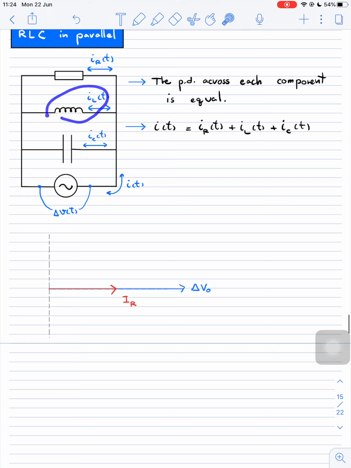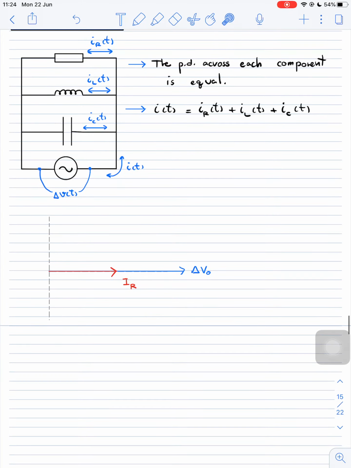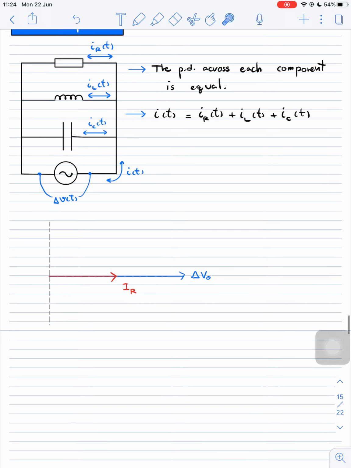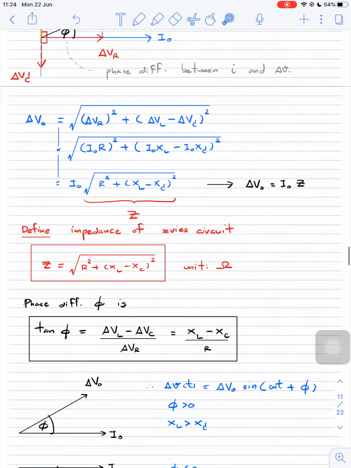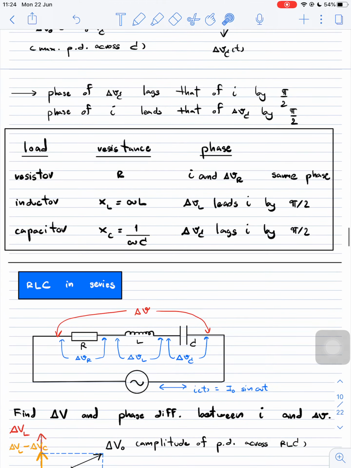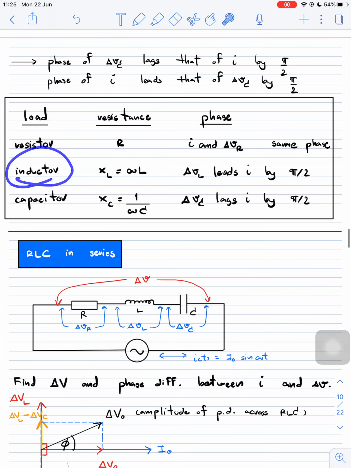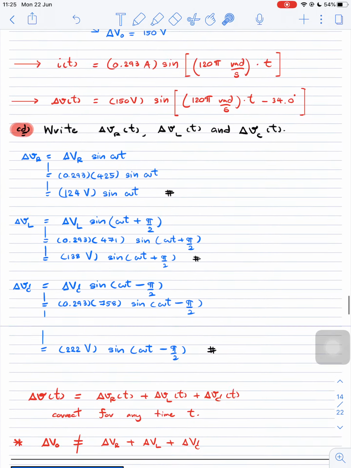Okay, so let's consider the IL. The phase of the current through the inductor lags the phase of the potential difference across the inductor by 90 degrees. From this table, we said that for the inductor, delta VL leads the current by 90 degrees, or we can say that the current lags the delta VL by 90 degrees as well.